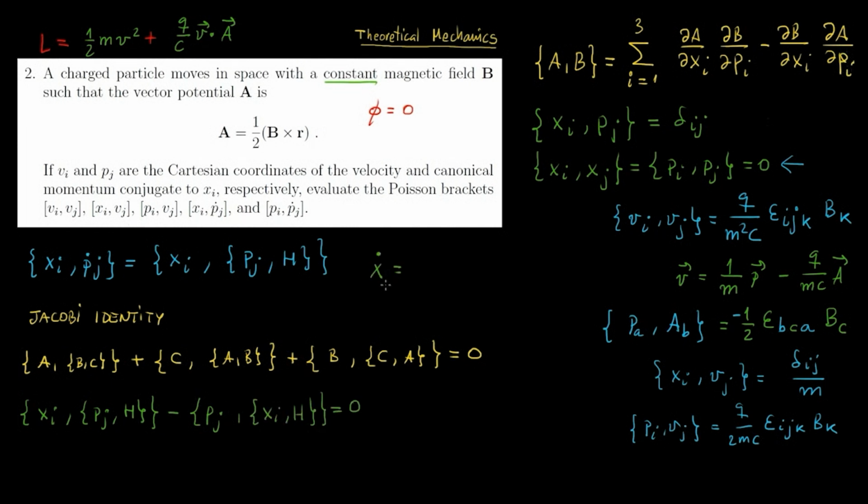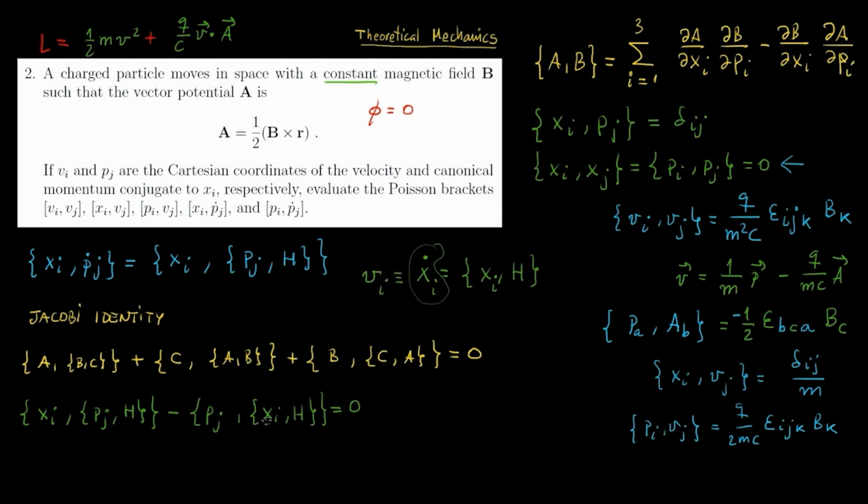But you know that ẋ is equal to partial H with respect to p, but you will see that it's also the Poisson bracket {x, H}, but we call this in this exercise or in general v_i.